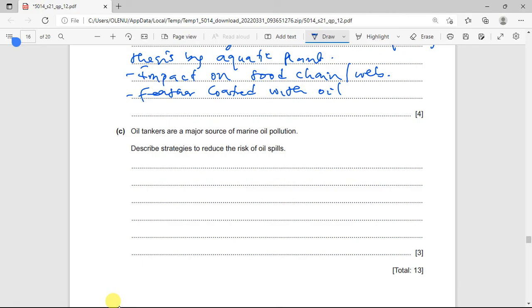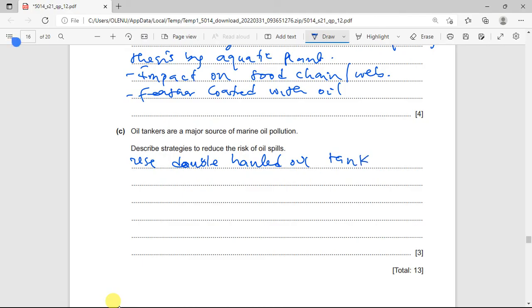Oil tankers are a major source of marine oil pollution. Describe strategies to reduce the risk of oil spill. One of the strategies is to use a double-hulled oil tanker.